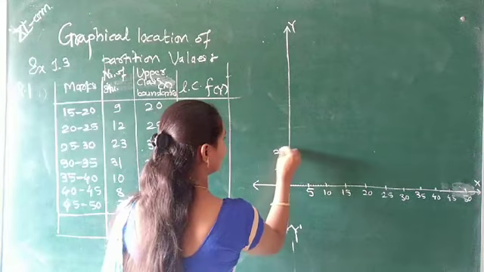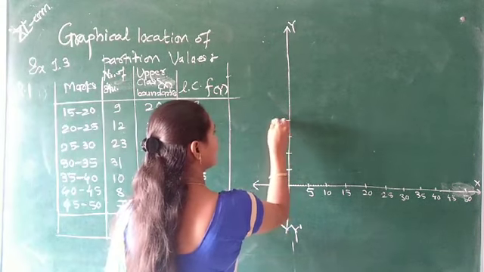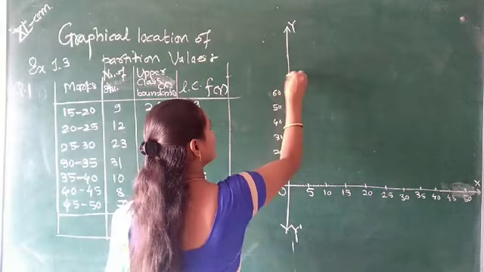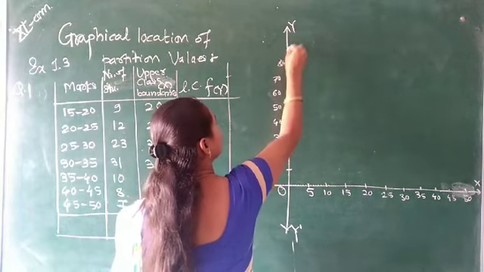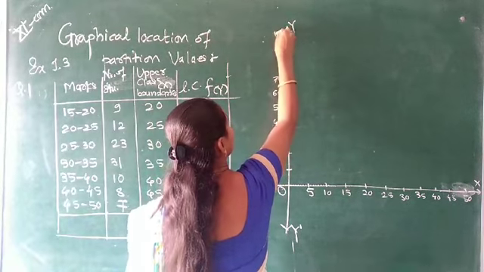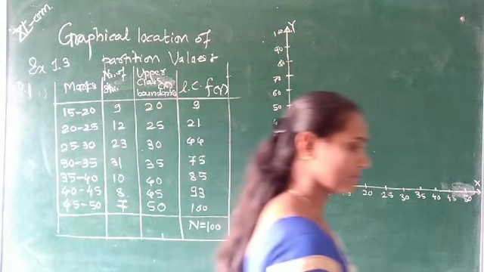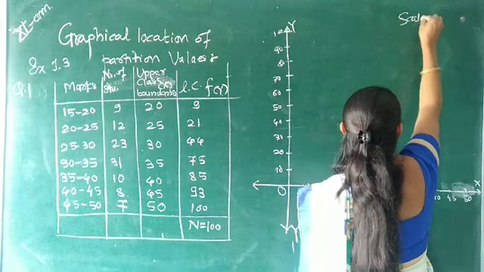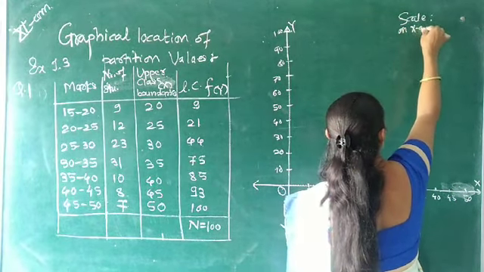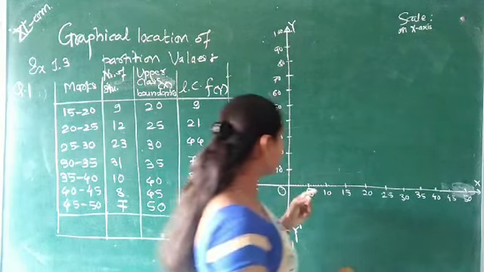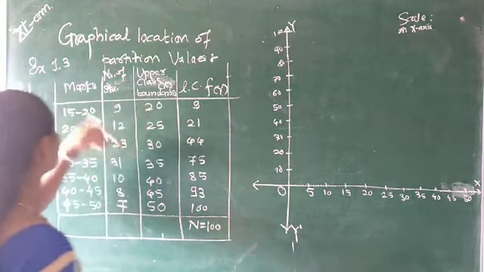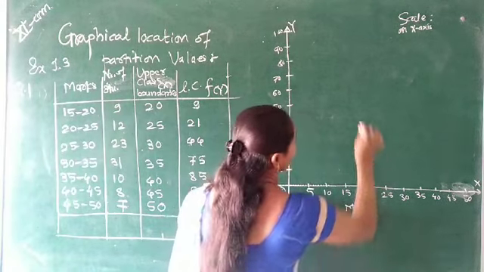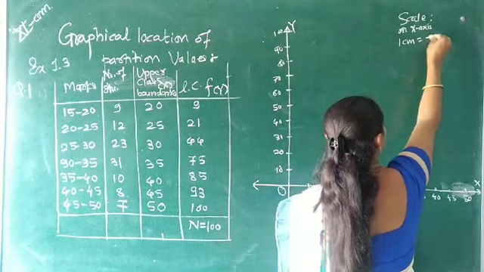10, 20, 30, 40, 50, 60, 70, 80, 90 and 100. First, before plotting the graph, write the scale. On the x axis, 1 centimeter is equal to, this is class boundary, that means marks of students, 1 centimeter is equal to 5 marks.